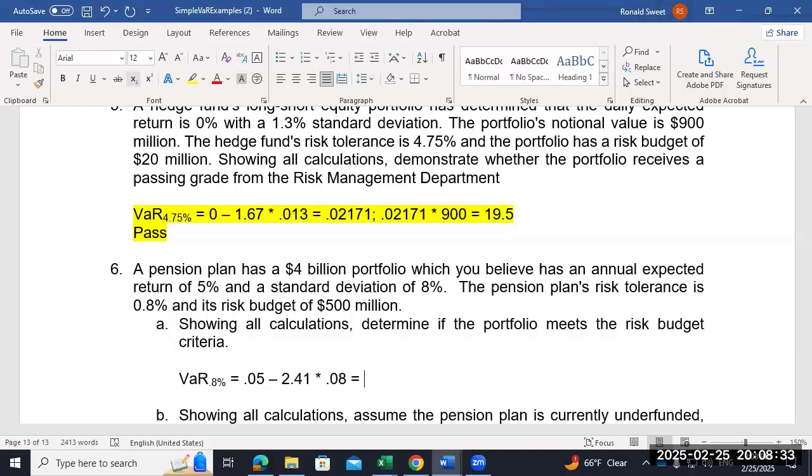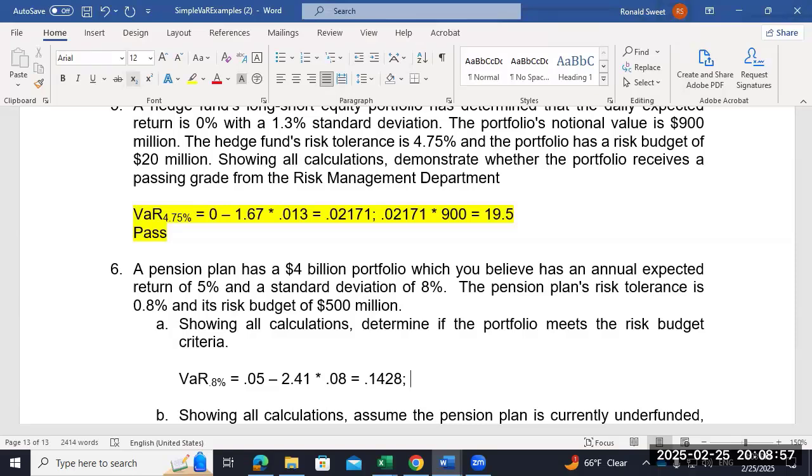What did you get? 14.6. Yeah, I recommend on the exam, ignore percents and just do everything in decimals. It's a lot safer. So anybody else get that? 14.8? Not getting any yeses at all. So no one else did?